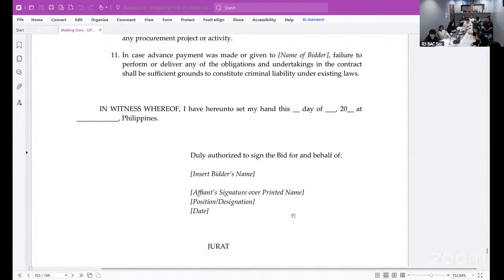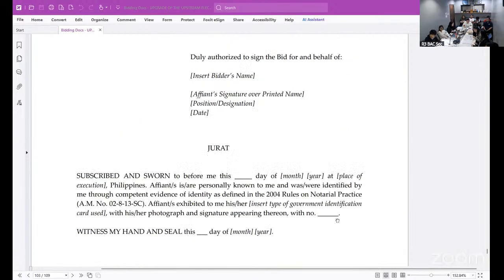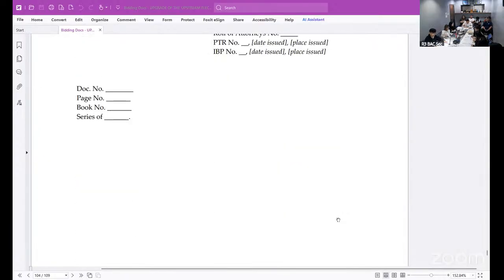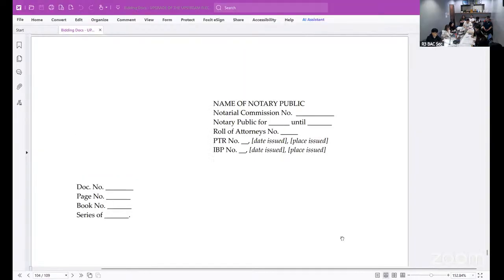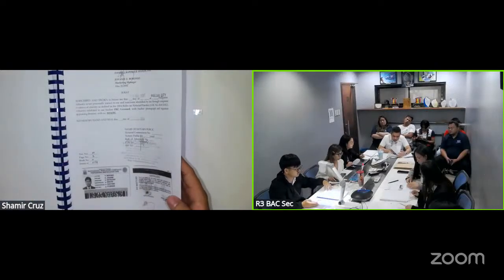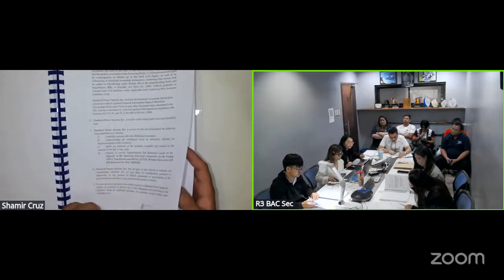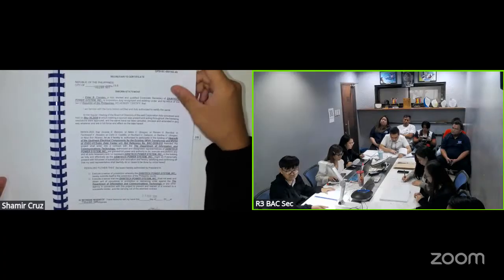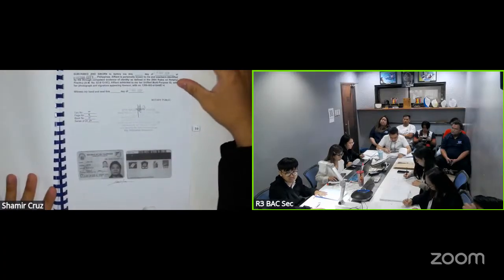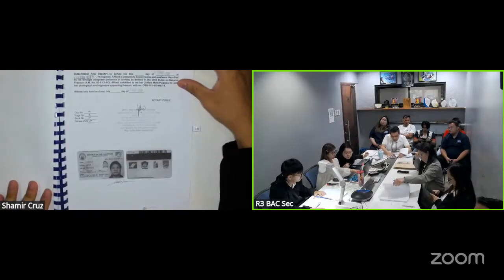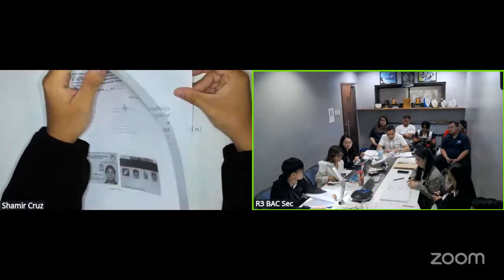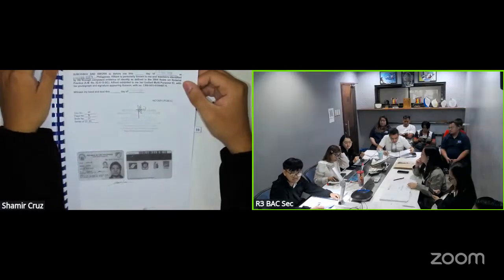So the bidder submitted their complete omnibus sworn statement, together with the secretary's certificate, duly authorized. Okay, the omnibus sworn statement is duly authorized, signed and sealed, as well as the attached secretary's certificate.